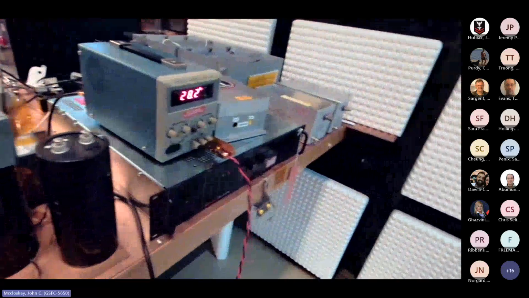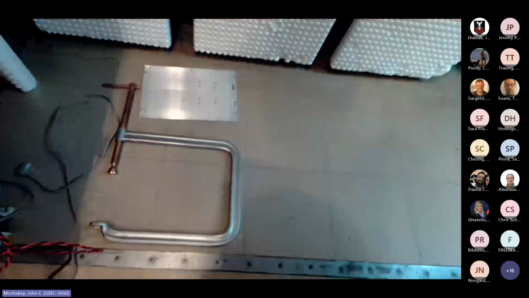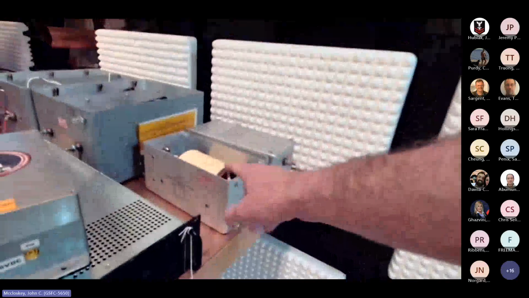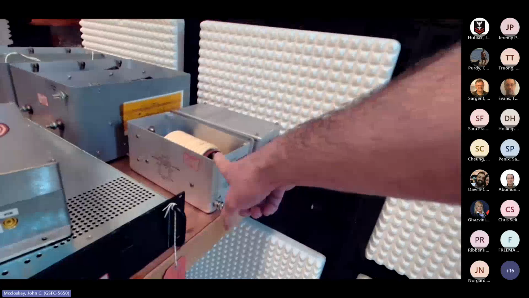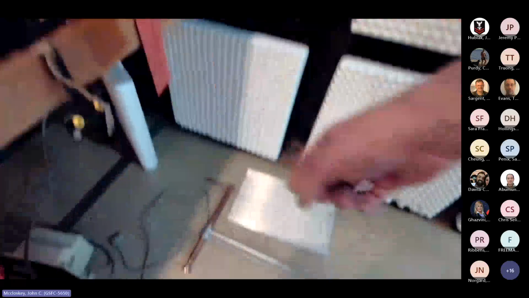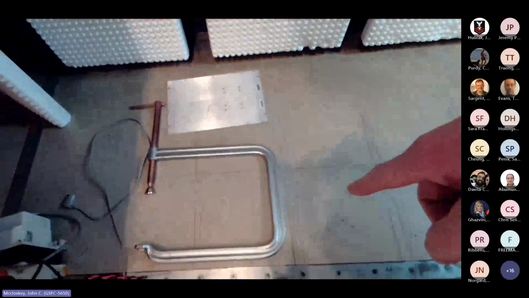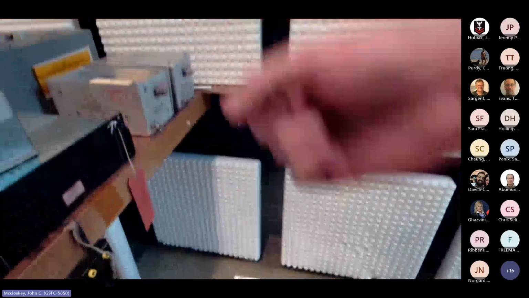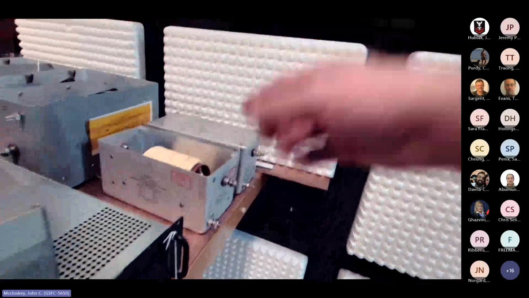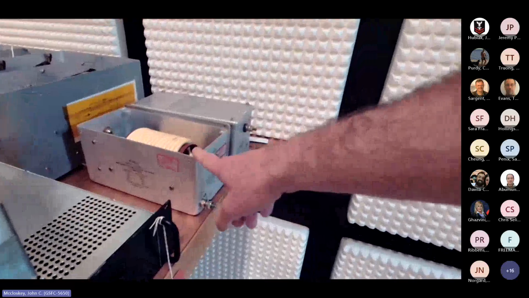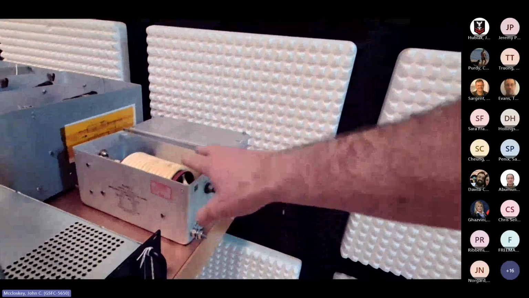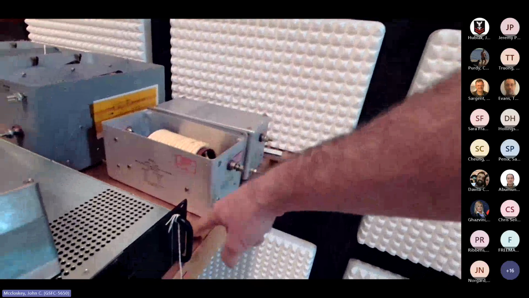I'll point out one thing, meant to show this. This is the clamp that we use to clamp these 5 microhenry LISNs to the table. I just love that these kind of clamps exist. I had fun clamping these things to the table just because I got to use those honking clamps. But the serious point is that for the LISN to do its job, your impedance is with respect to the ground plane.